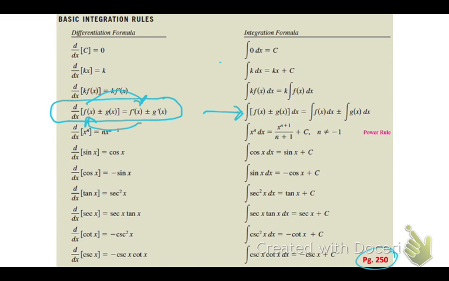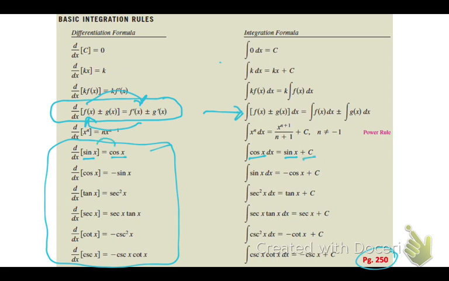So this is on 250. If you don't want to write it down, you should already have that. This bottom chunk is all your trig. Now look over here. The derivative of sine is cosine, yes? So the antiderivative of cosine is sine plus c.